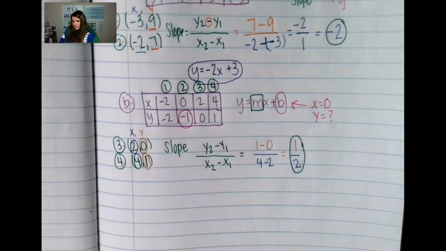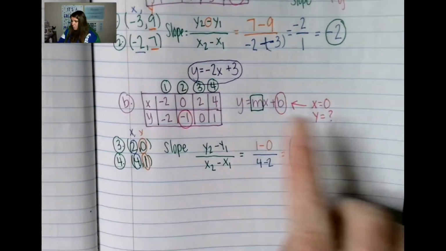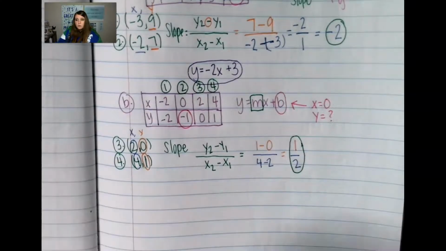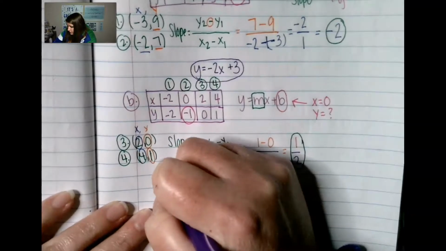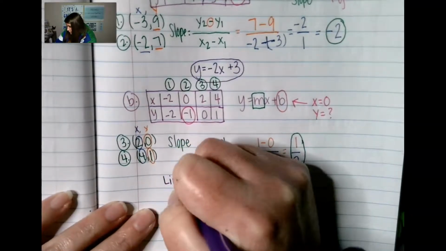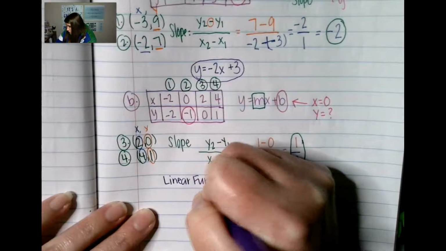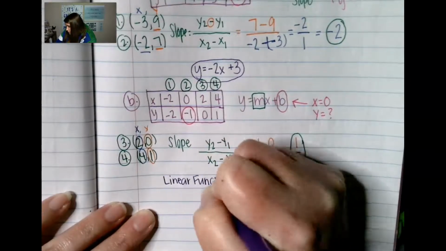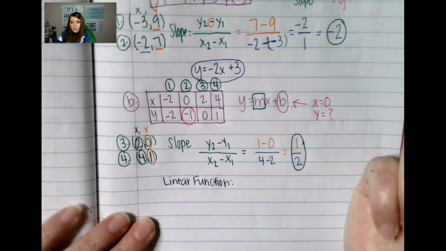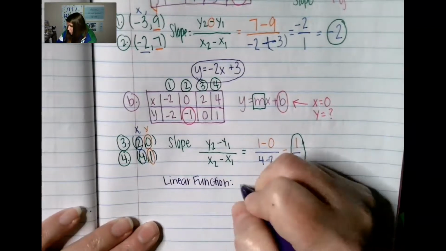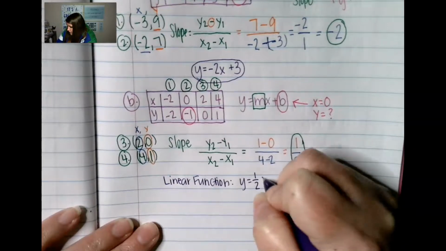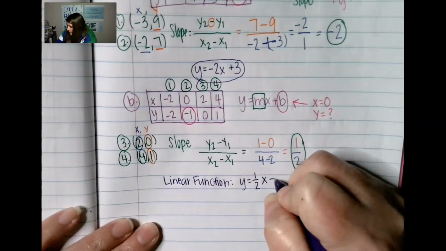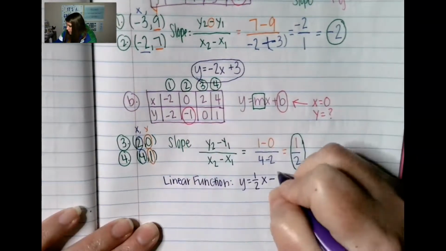So now let's take this and we're going to make a y equals mx plus b with our new information. So our linear function, our equation we're going to use to graph a linear function, is y equals 1/2 x minus 1.